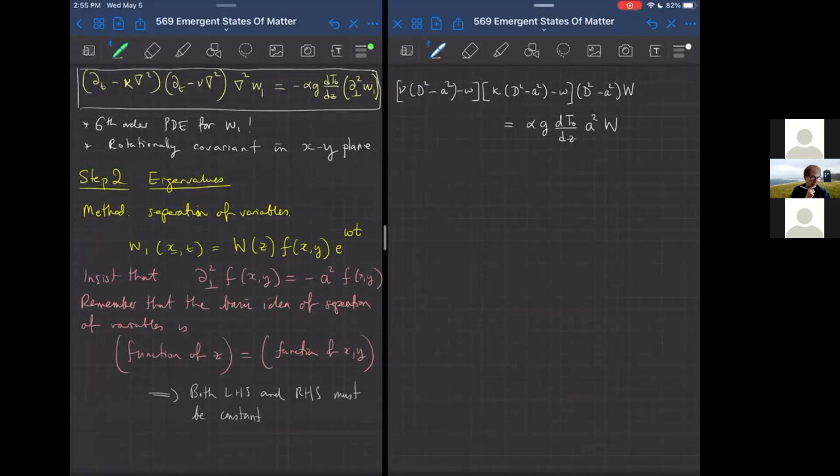Okay, so this is what I get. Now, what is this capital D? When I write down capital D, that just means d by dz. And so this looks great.